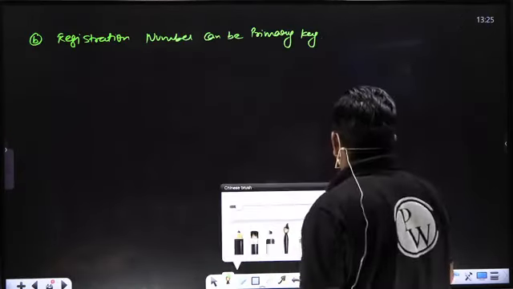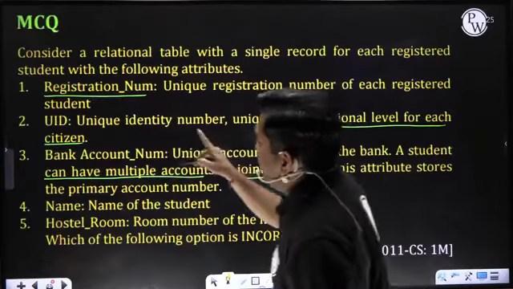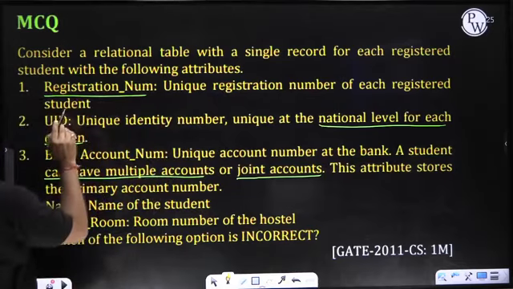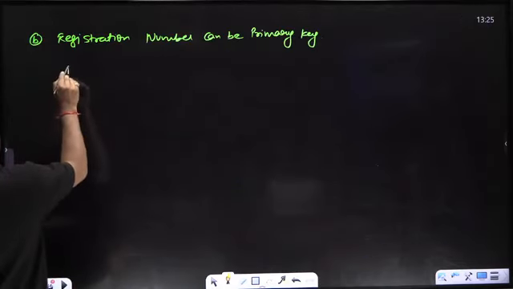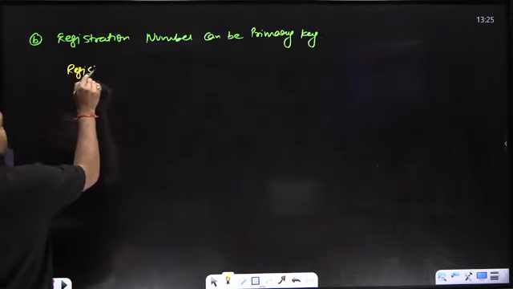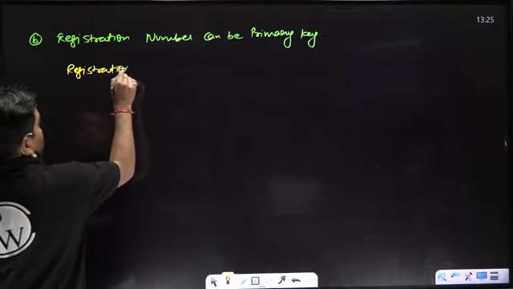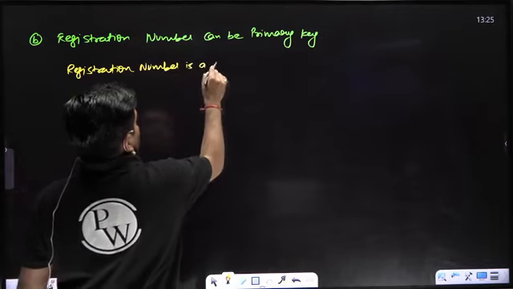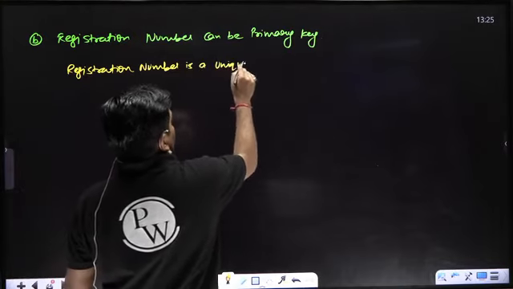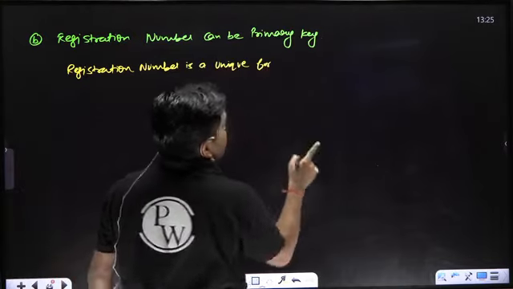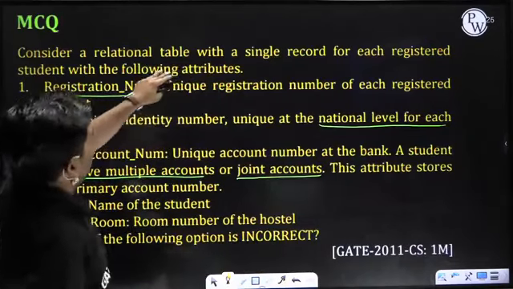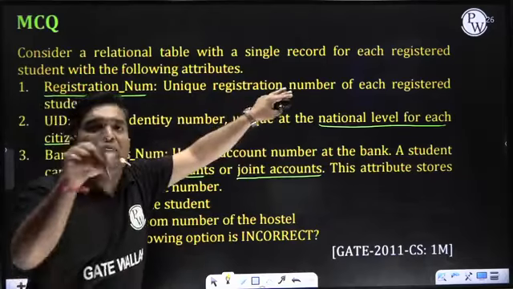So here you can see, my dear, what is mentioned: registration number is unique for each registered student, and this table contains the database only for registered students.